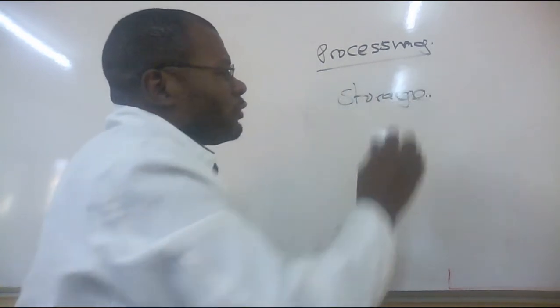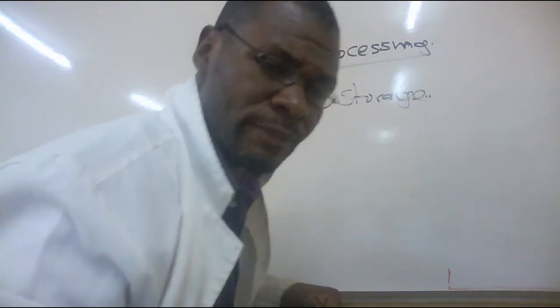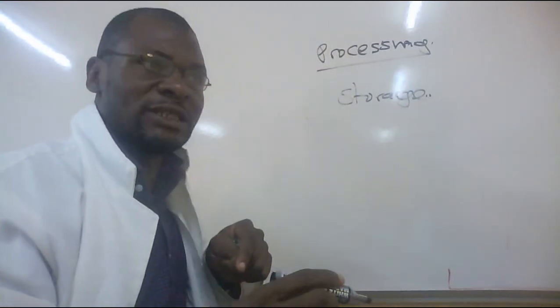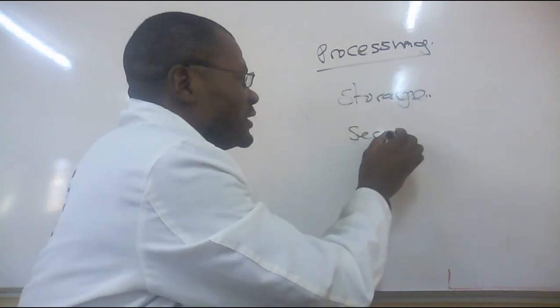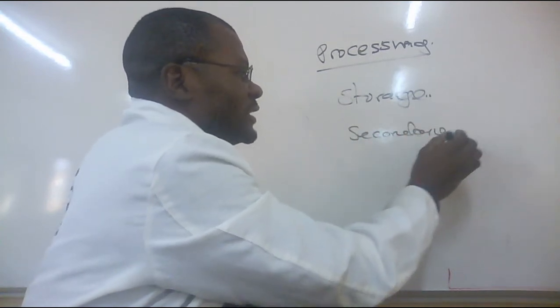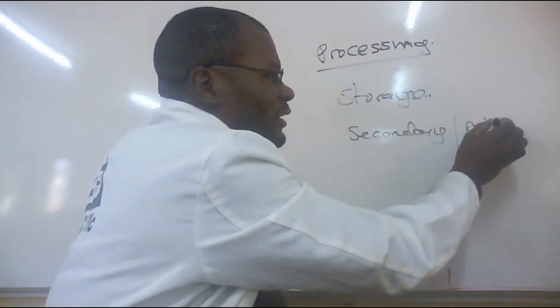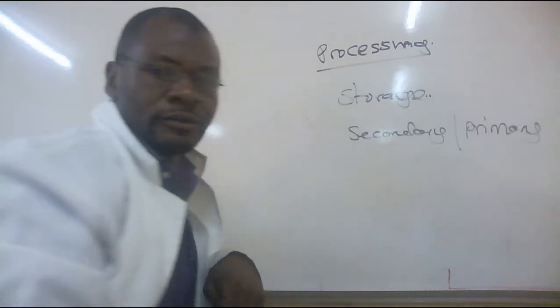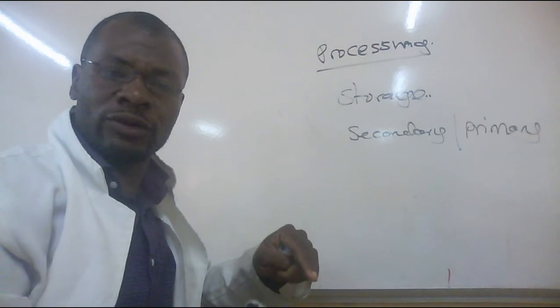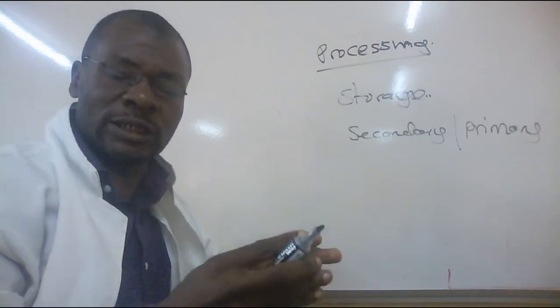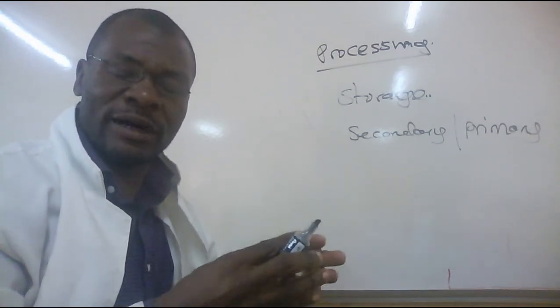I'm not going to talk a lot about storage, but one thing that you need to understand is there are types of storage: secondary storage and primary storage. When we talk about secondary storage, we're talking about those devices which can store information permanently.